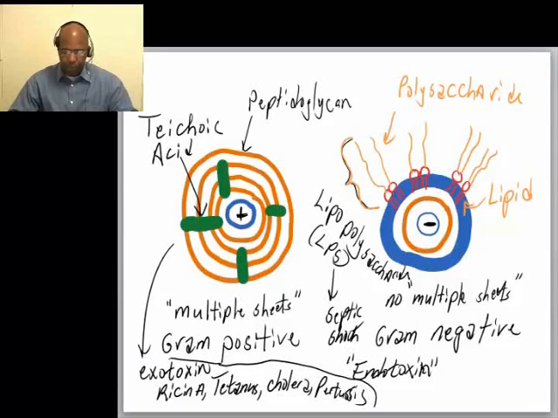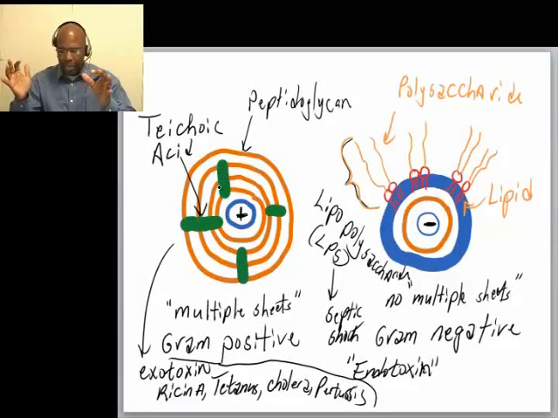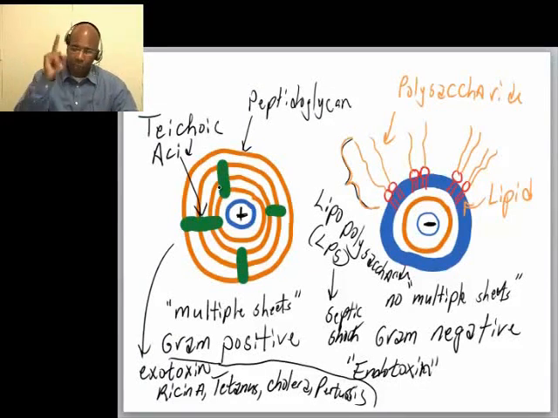gram-positive bacteria. So, just to review, on the left we have our gram-positive bacteria, and the gram-positive bacteria have multiple peptidoglycan layers, and they have teichoic acid to hold the layers together. On the right, we have gram-negative bacteria, and the gram-negative bacteria only have one peptidoglycan layer, and so there's no need for teichoic acid.